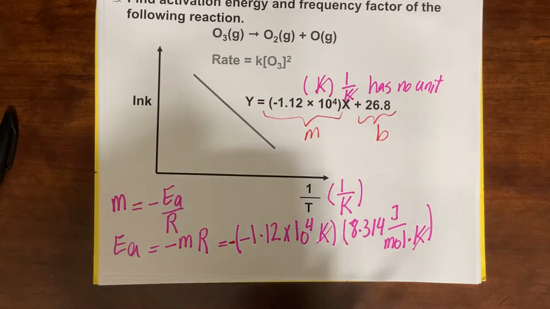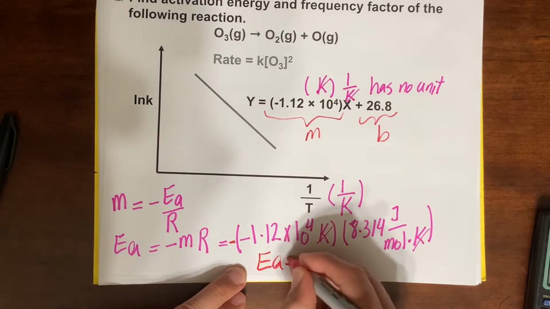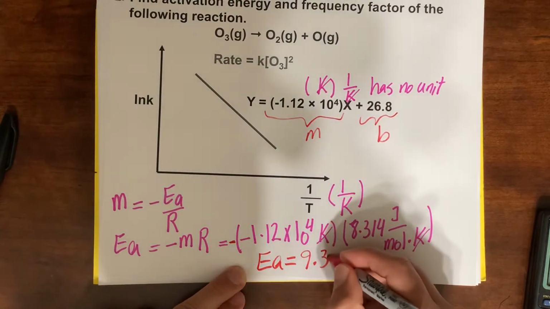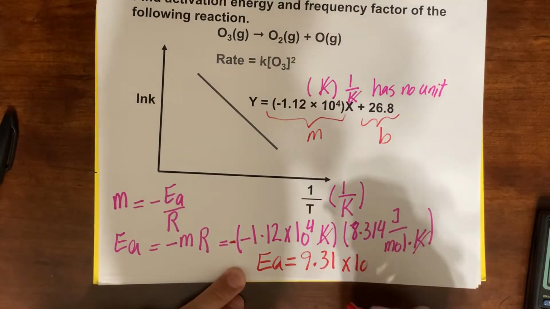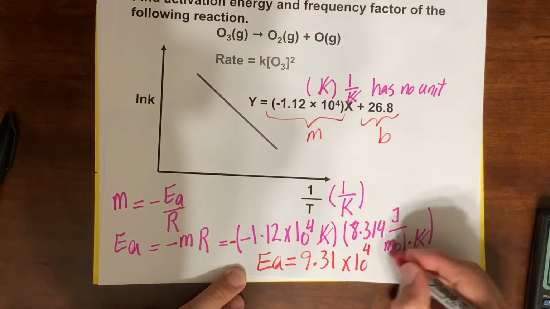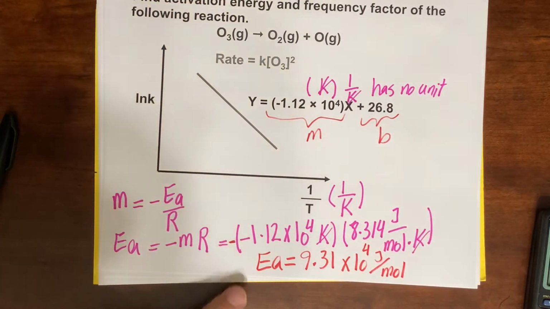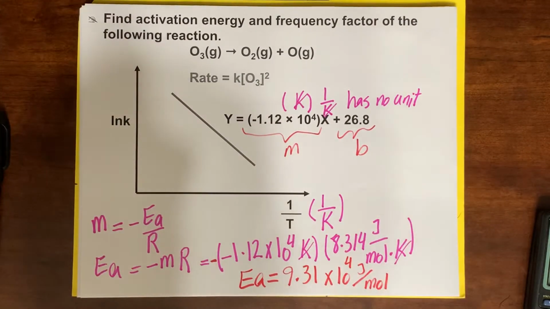Yes, it's the same number. So activation energy is equal to 9.31 multiplied by 10 to the power of 4, unit joule over mole. So we got the activation energy.